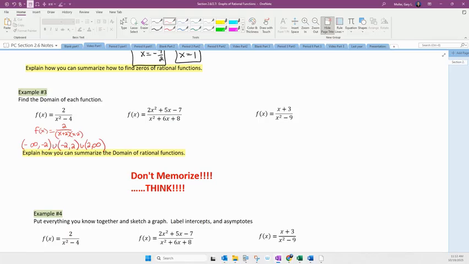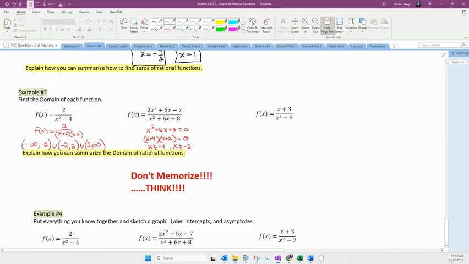And then we come over to this one. Again, if you want to figure out what the domain is, we just have to ask ourselves the question, when does the denominator equal 0? That's going to factor into x plus 4 and x plus 2. So we know that x cannot equal negative 4. X cannot equal negative 2.